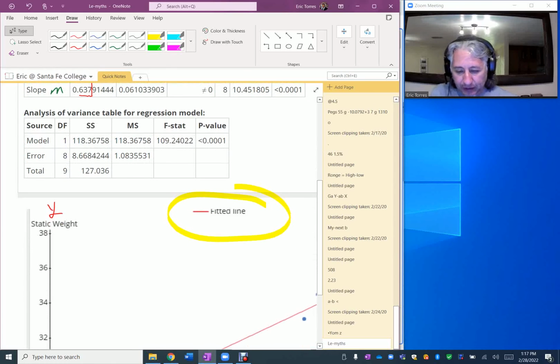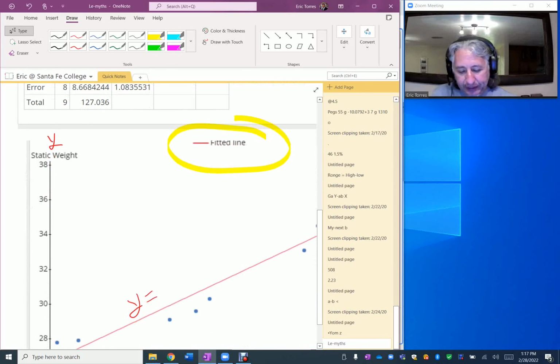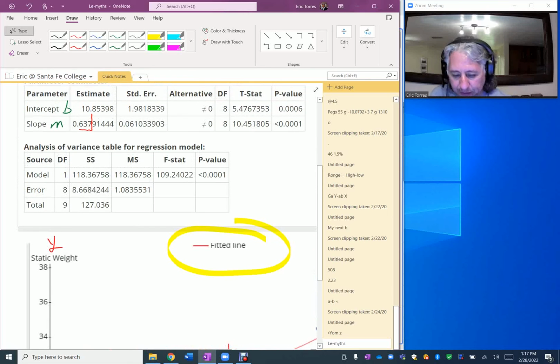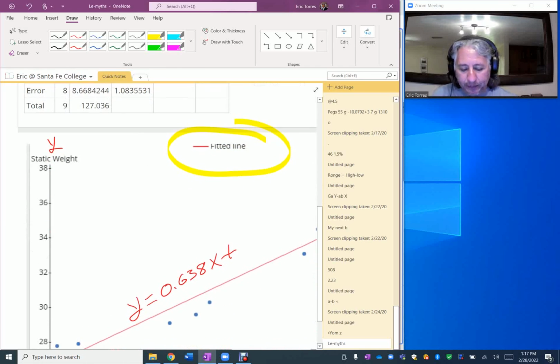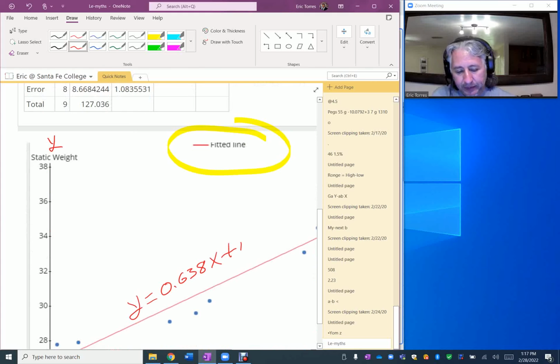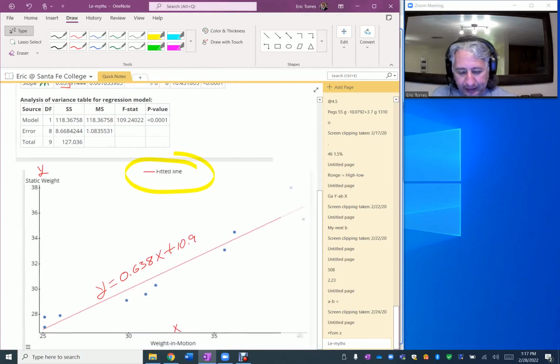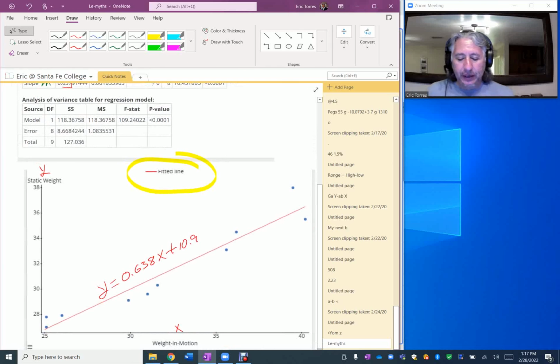So 0.638x plus my y-intercept, and again, I'm going to go to 3 figures. 1, 2, 3. I've got an 8, but behind it is a 5, so I'm going to round up to 10.9. And that is the equation of the line written to 3 significant figures.